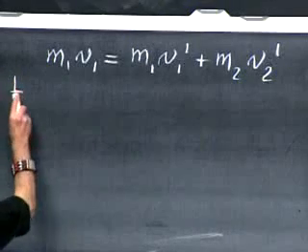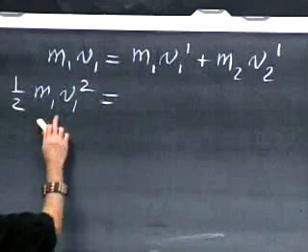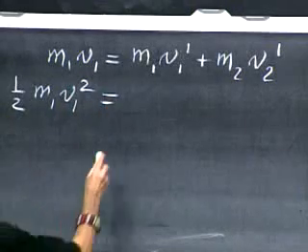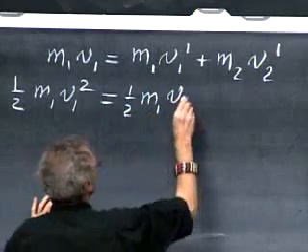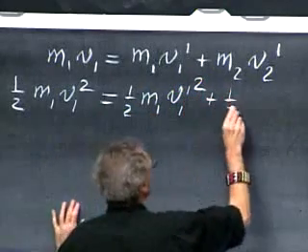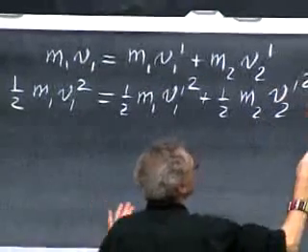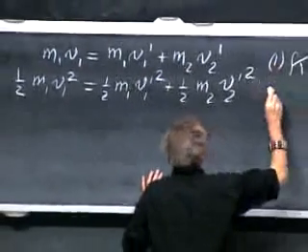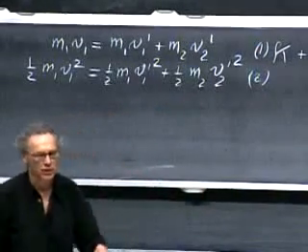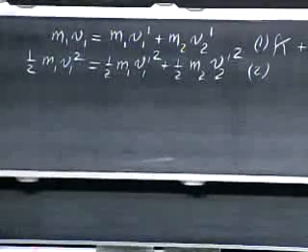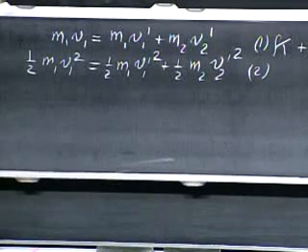And so I can write down now 1/2 M1 V1 squared, that was the kinetic energy before the collision, must be the kinetic energy after the collision: 1/2 M1 V1 prime squared plus 1/2 M2 V2 prime squared. This is my equation number 1, and this is my equation number 2, and they can be solved. They are solved in your book. I will simply give you the results, because the results are very interesting to play with. That's what we will be doing today.